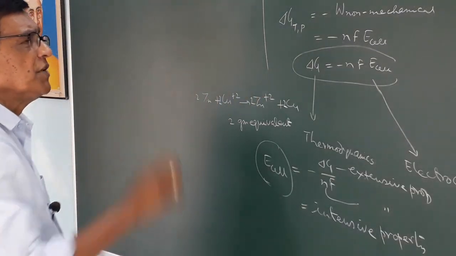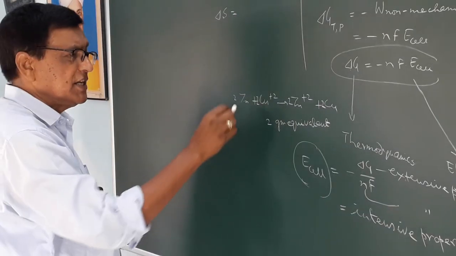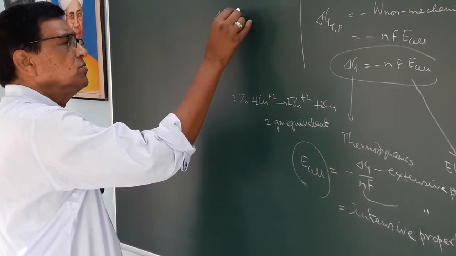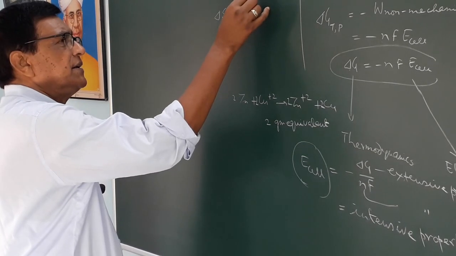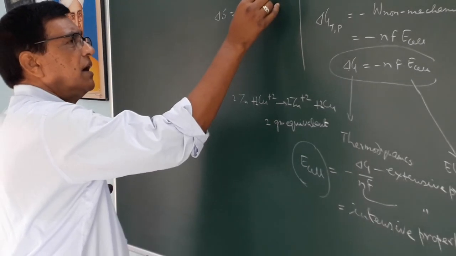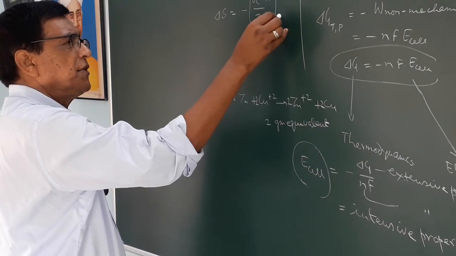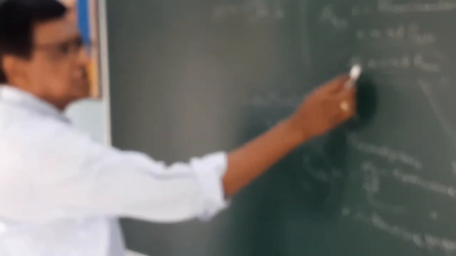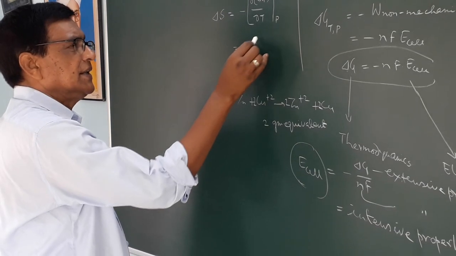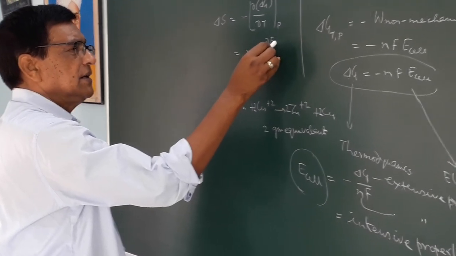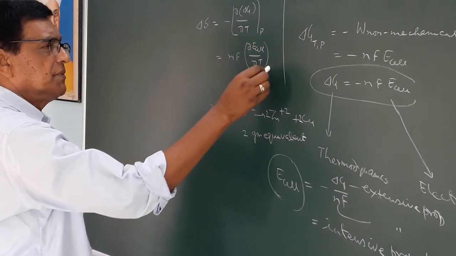Another thermodynamic property is delta S, the entropy change of the cell reaction, which is equal to minus the derivative of delta G with respect to T at constant pressure. If we put in the relation here, this will give you nF times the derivative of E cell with respect to T at constant pressure.